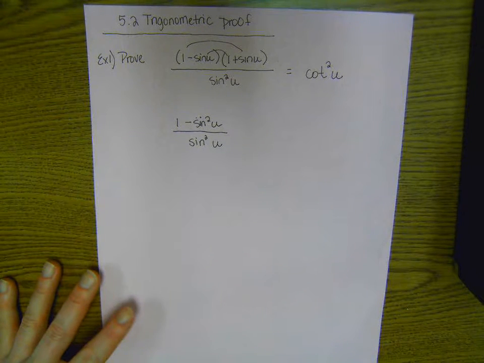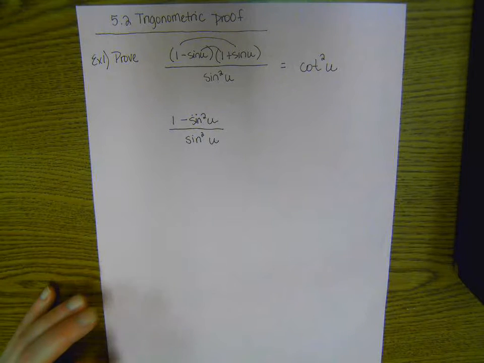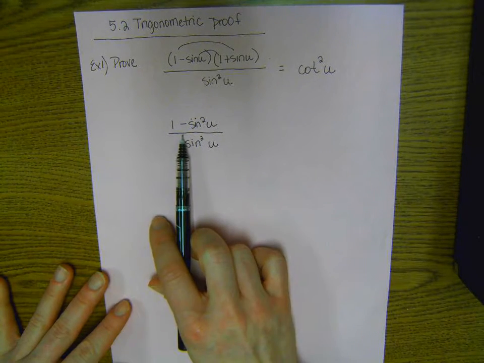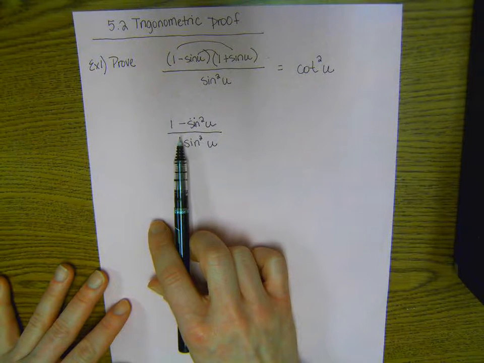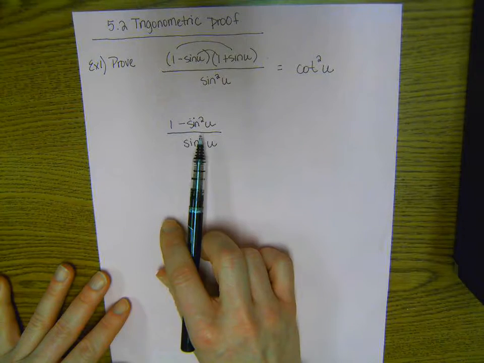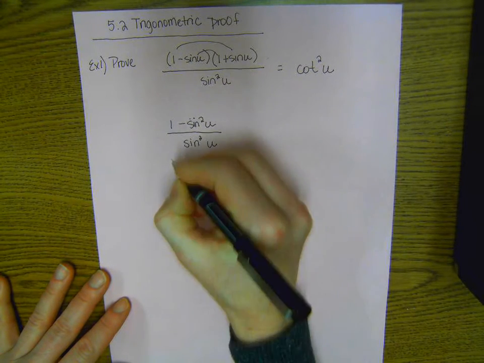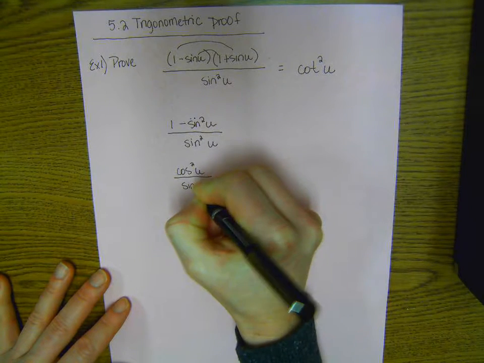Okay, so Aiden says what? Cosine squared. What's cosine squared? The top. So the first Pythagorean identity is sine squared plus cosine squared equals 1. So isn't 1 minus sine squared equal to cosine squared? So we're going to replace the top then with cosine squared u over sine squared u.